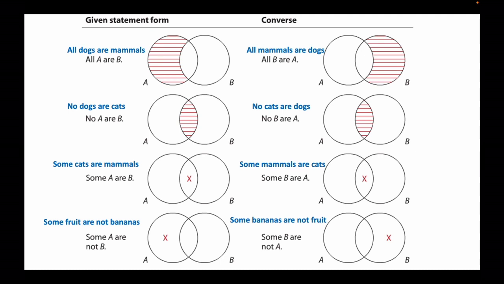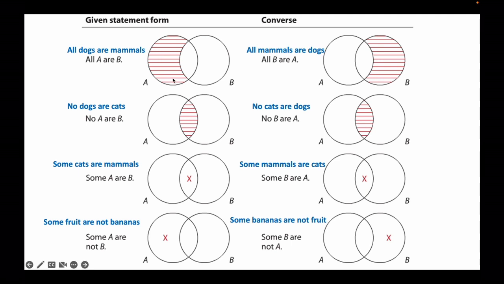Now, given a statement, let's say, for example, that all dogs are mammals. That's the original statement. Remember what I said before about shading. Because I want to diagram that all members of the dogs family are members of the mammals family, I have to shade in area 1.